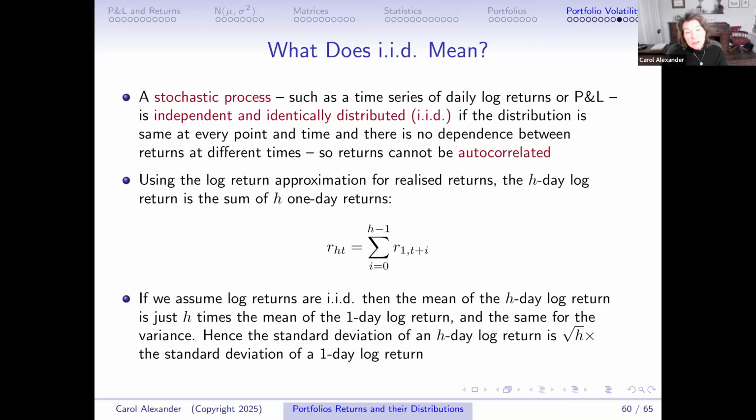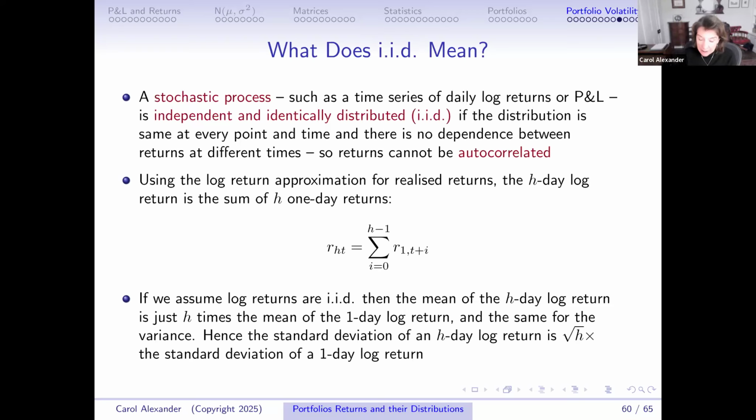Now, when we use the log approximation for realized returns, we use little r instead of capital R for the log returns. The h-day log return, I'm going to call it r_h at time t. So that's going to be the sum of the forward-looking daily returns, as in this formula.